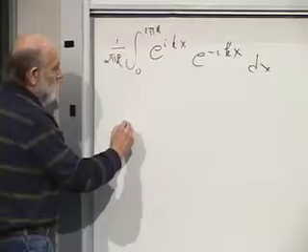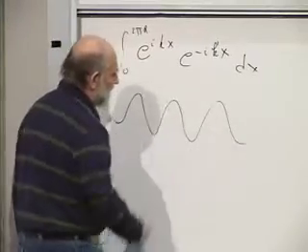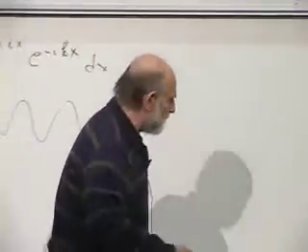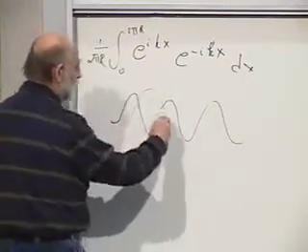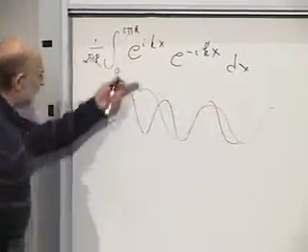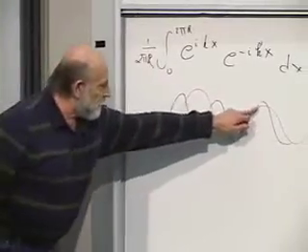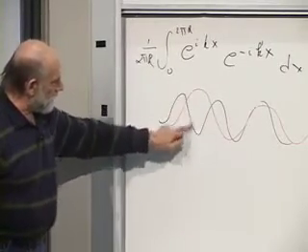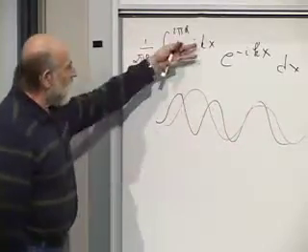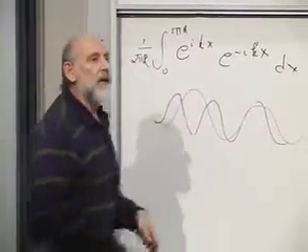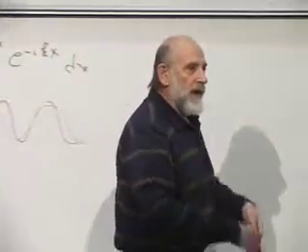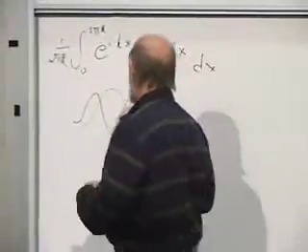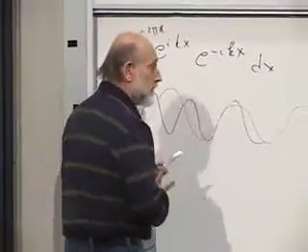This one oscillates like this, this one oscillates with a different period, and the product will be positive in some places and negative in others. If we take two different values of k and look along the line, we'll find that it cancels as much as it adds. So the integral is always 0 for k not equal to k prime.